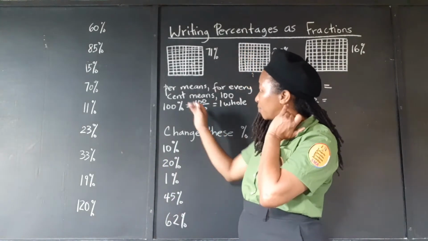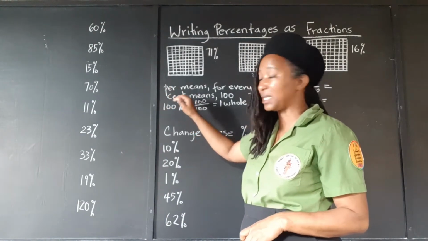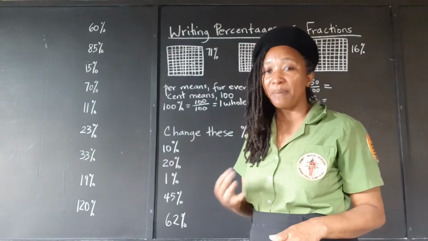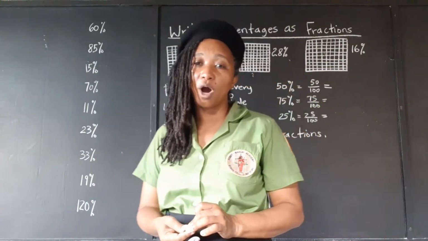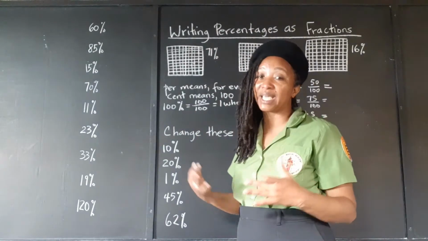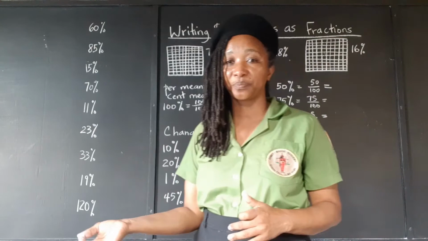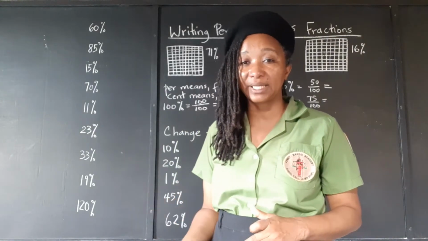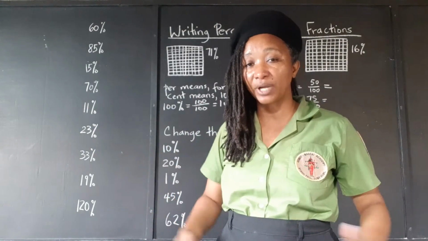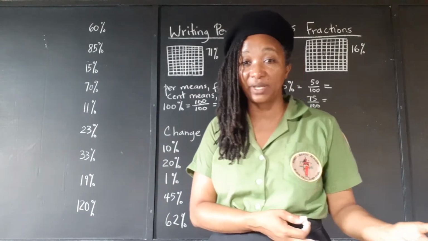So what comes after the per? Cent. The base cent means 100. So percent, putting them together, means for every 100 things, for every 100 units, we're going to take this amount out of it.